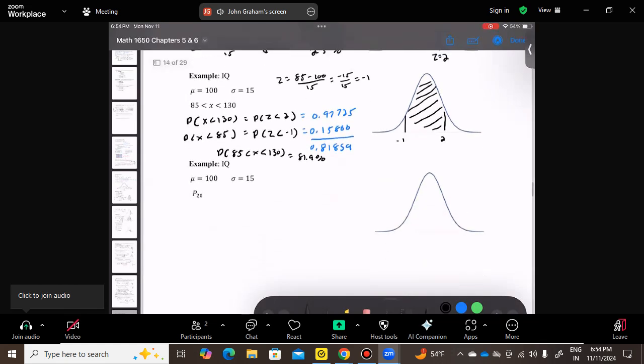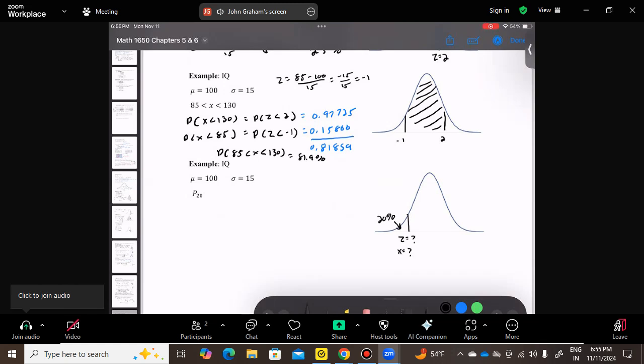Now, we're going backwards on this. We want to know what IQ is at the 20th percentile. So 20% to the left and 80% to the right. What is the z-score, and ultimately what is the x-score that goes with that?